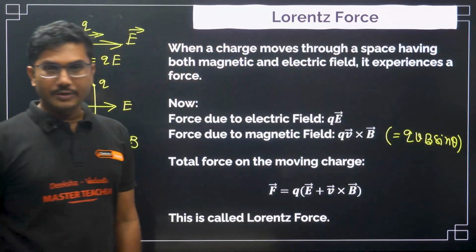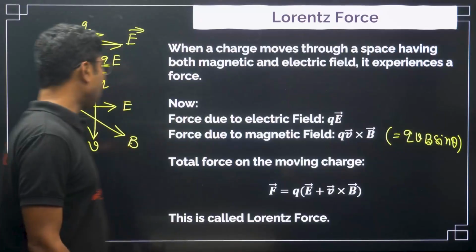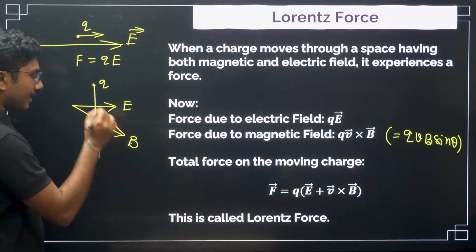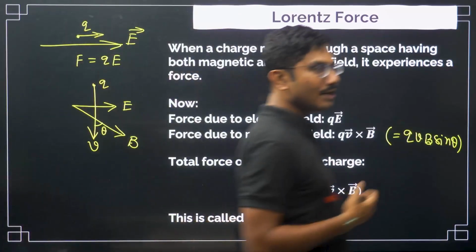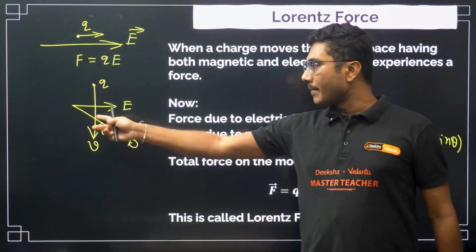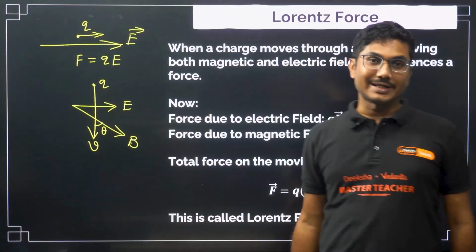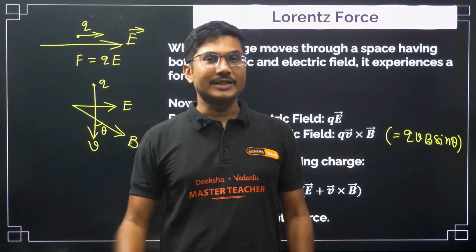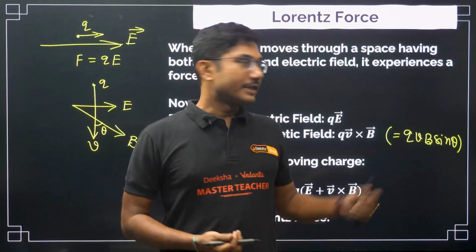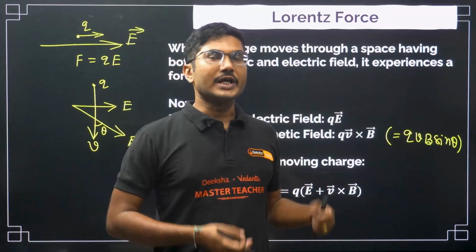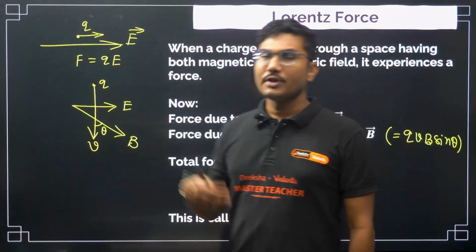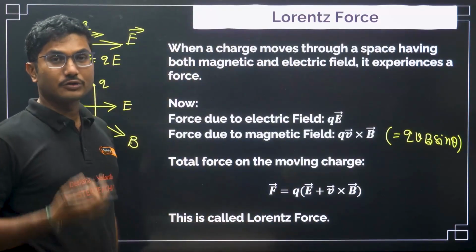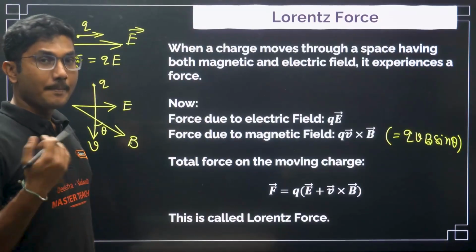If the angle between the velocity vector and the magnetic field vector is theta, then this will be q v B sin theta. If theta is 0, then this force becomes 0. If theta is not 0, then this force is obviously not 0. As simple as that. For theta equal to 90 degrees, the force becomes maximum.